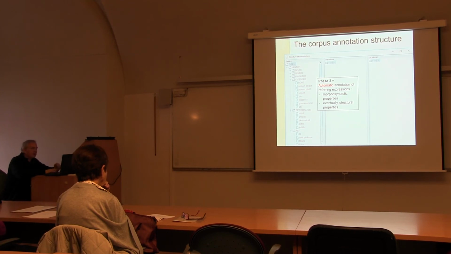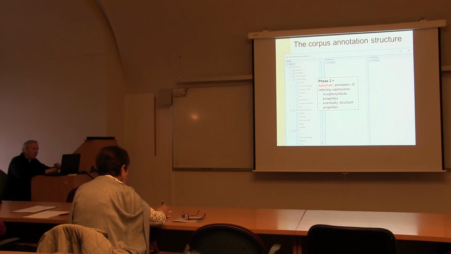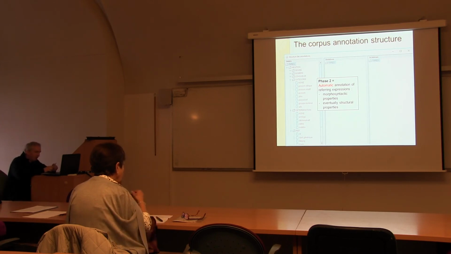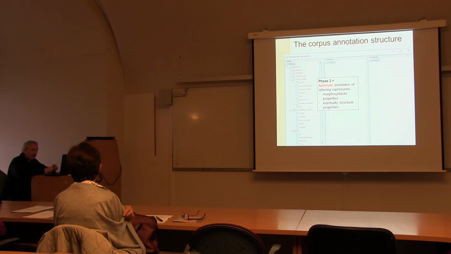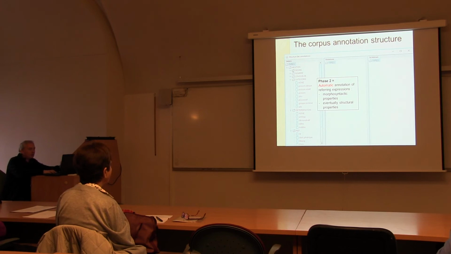It's something that a computer can compute very easily, so let's write a script to do that automatically. So at phase 2, we have a corpus with not only one attribute, ref, but a number of attributes.